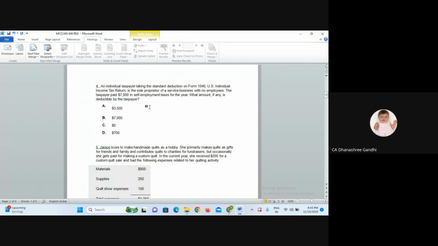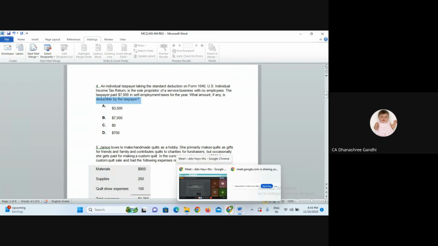5%. How much? It's 15.3%. No, that was for calculating taxes. They are asking how much deduction you can get if you are paying self-employment taxes. 50%.